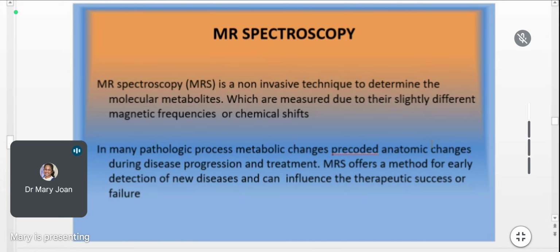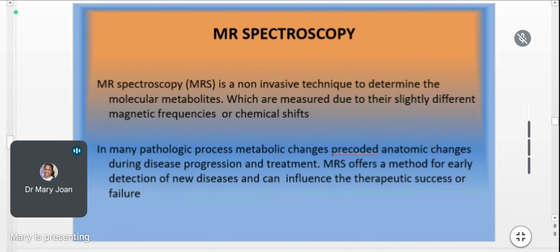But the advantage with MR spectroscopy is, when the normal functioning of any of the cells or any of the chemicals in the body changes, it may not directly result in a sign or symptom for the person. But in MRI, we can detect these changes before they manifest as a sign or symptom.